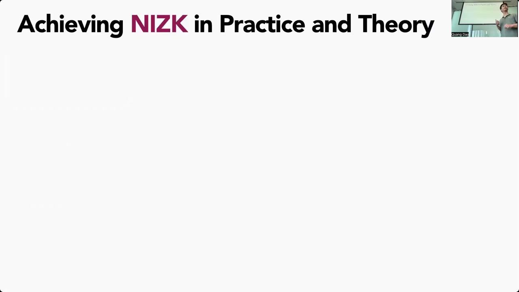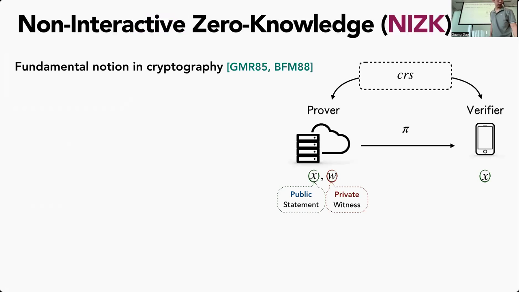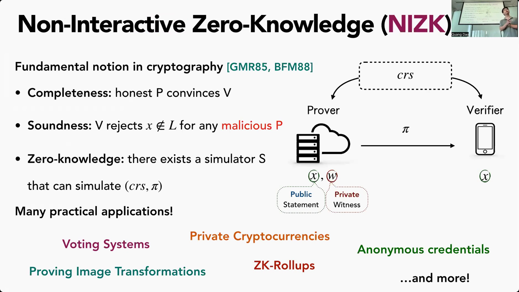I have a question. So for all the applications other than the ZK rollup, which basically use this succinctness property, are there any other applications that also use that, or do all the other applications only focus on this property? So zero knowledge is quite important in privacy applications. Voting, I think, is one of them.